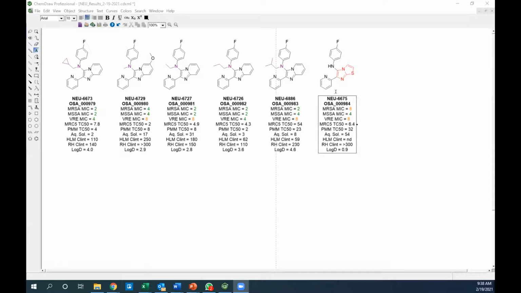So we have other analogs at the moment. The chemist here, Quillen, is actually making some other derivatives where we've got a primary alcohol on the alkyl chain. They could actually be quite interesting. We're hoping that will help in terms of solubility.